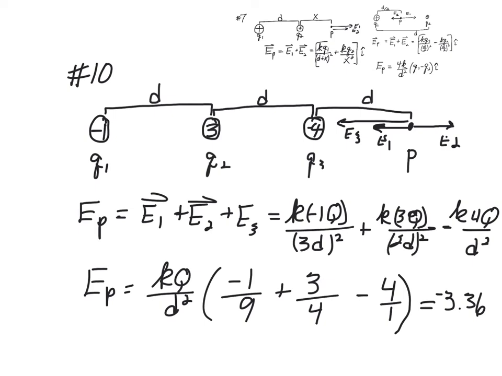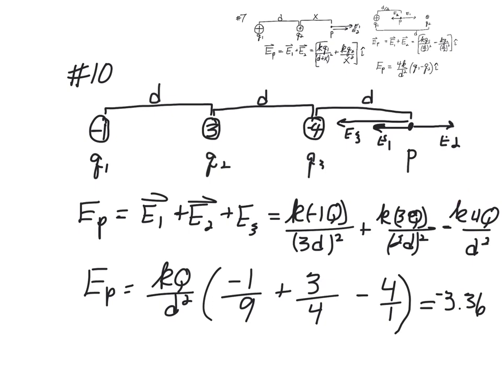And then finally, the last one, since it's a negative charge, the field is negative, and so K times the charge 4Q, now the distance is just D, so D squared.